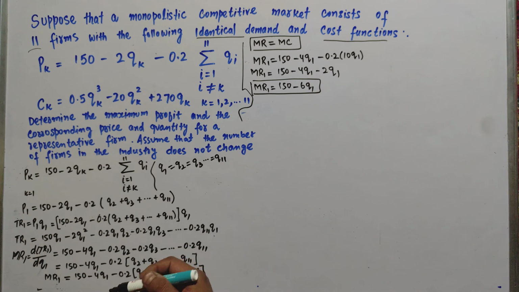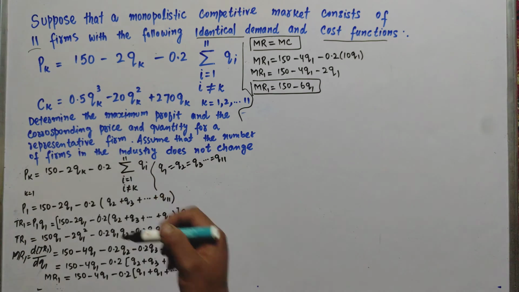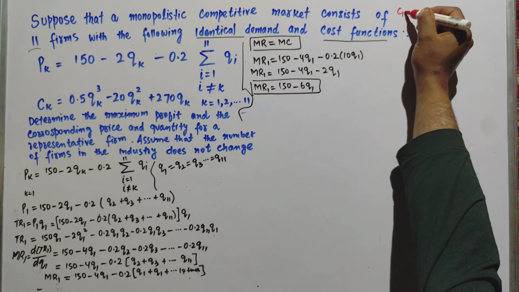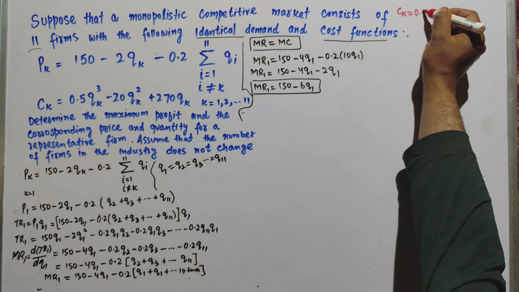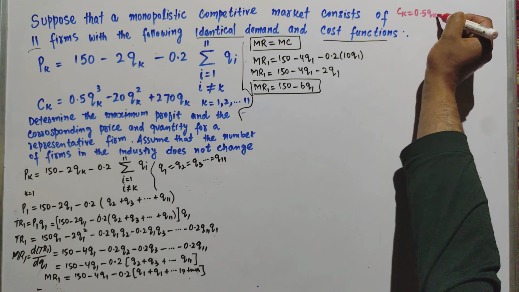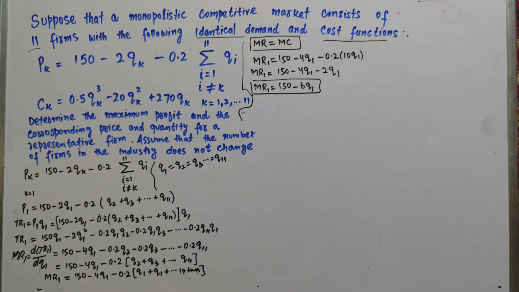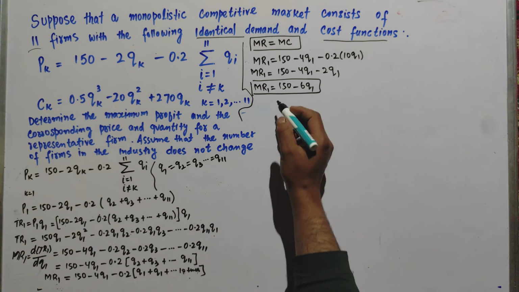Now we need to find out the marginal cost. We have the cost function, so let me write it here again. I don't have the space here, so let's write it here.